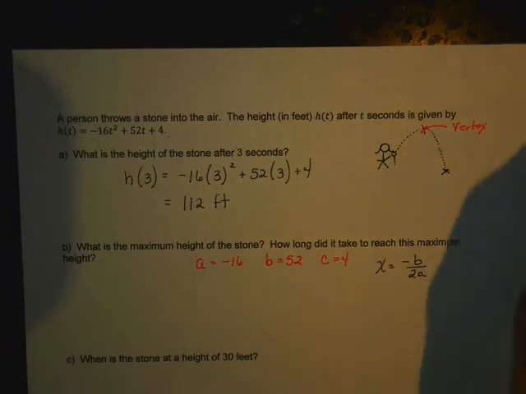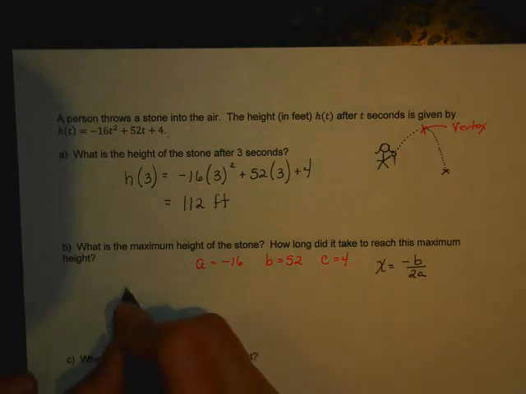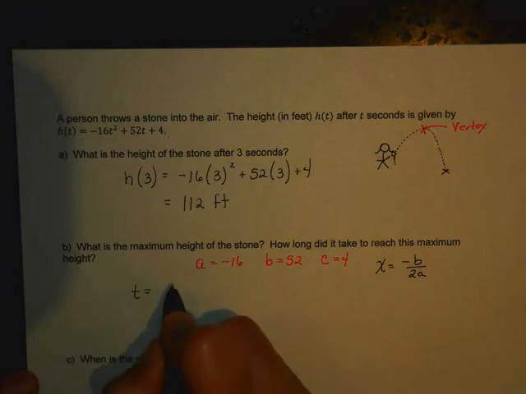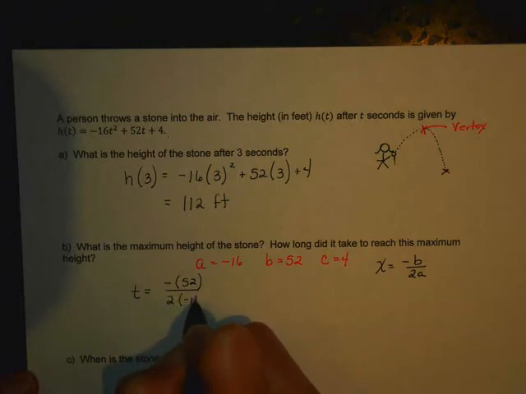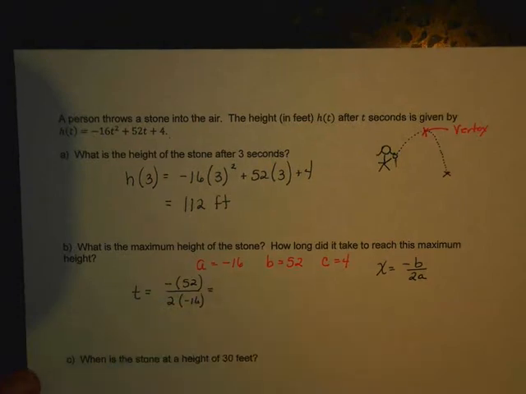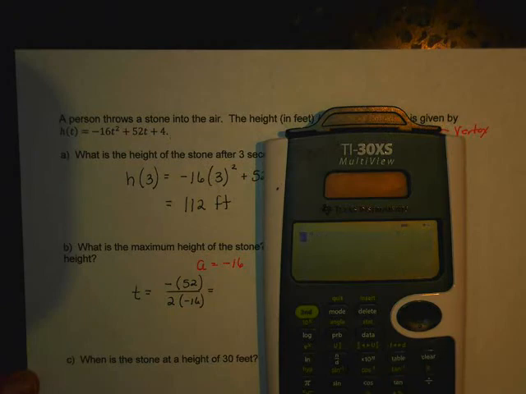So to find the vertex, instead of X, I'm going to put T, is negative B all over 2 times A. All right, so let's see what that looks like. I'll put it in a fraction. All over 2 times negative 16.